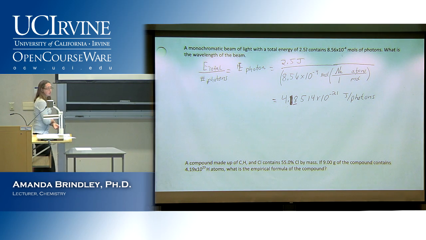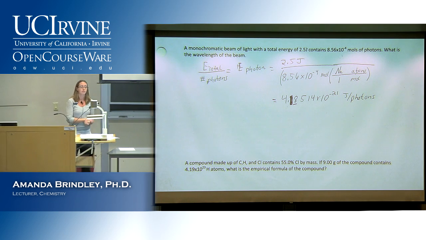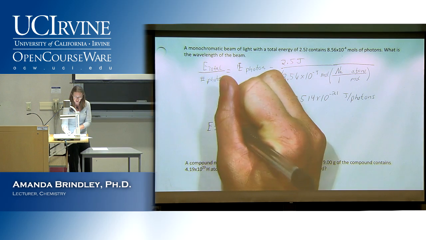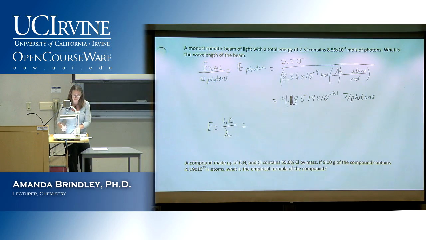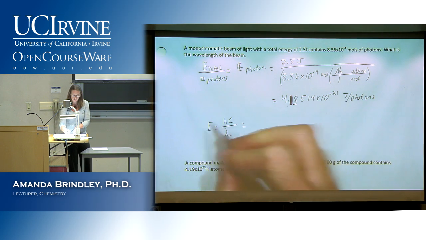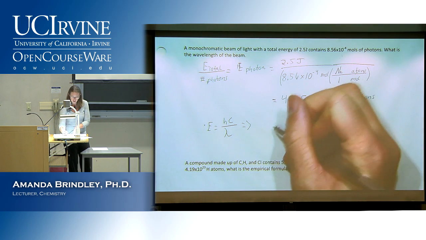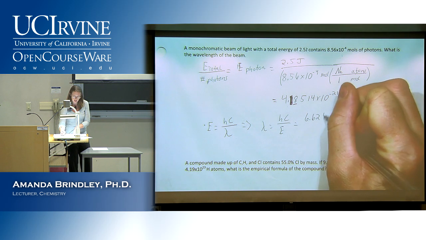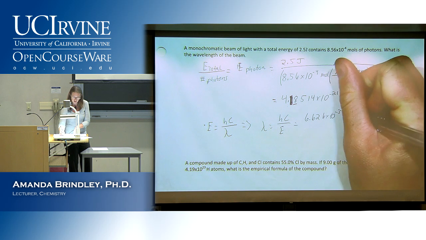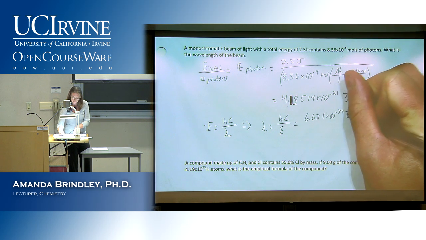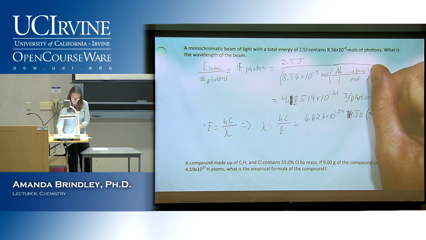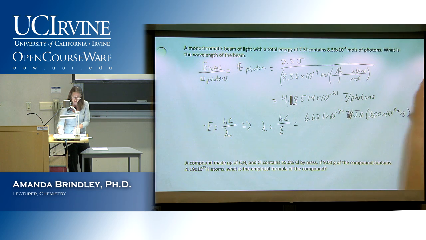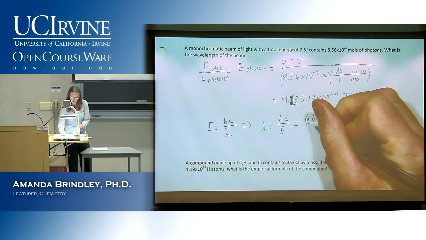So now that we have our energy per photon, what do we do? You plug into E equals hc over lambda. So we have our energy now. We're solving for our lambda. Should I just fill in 4.8 here?